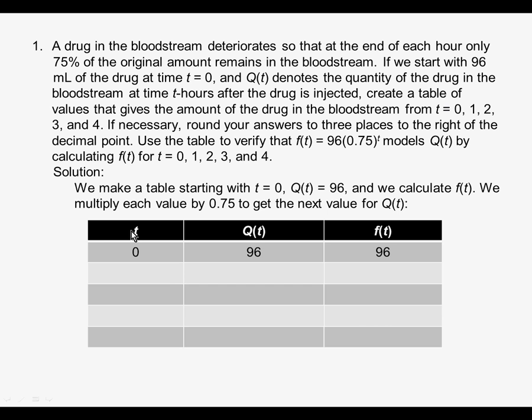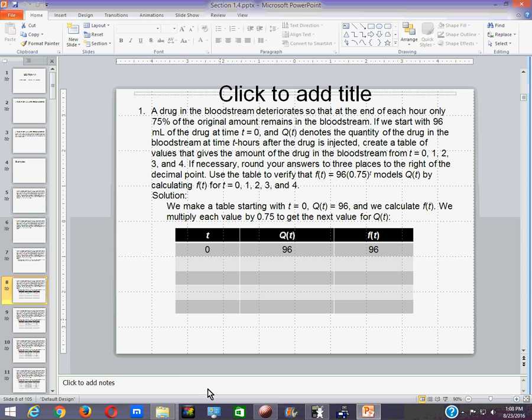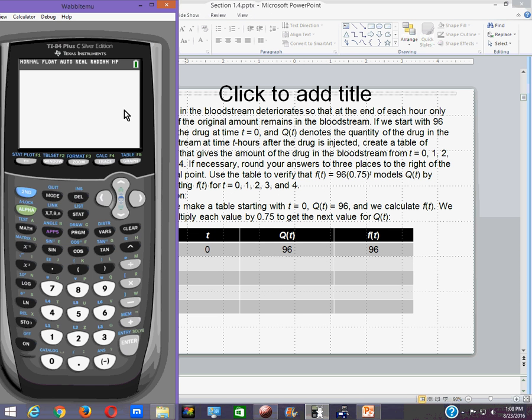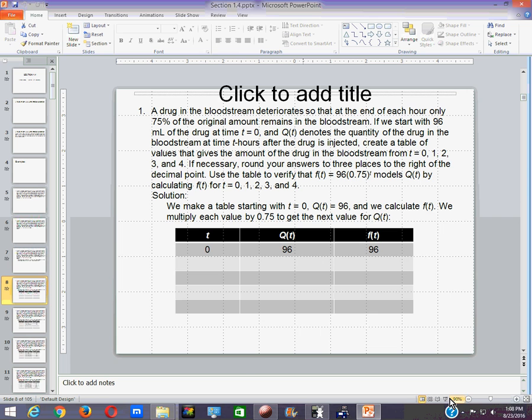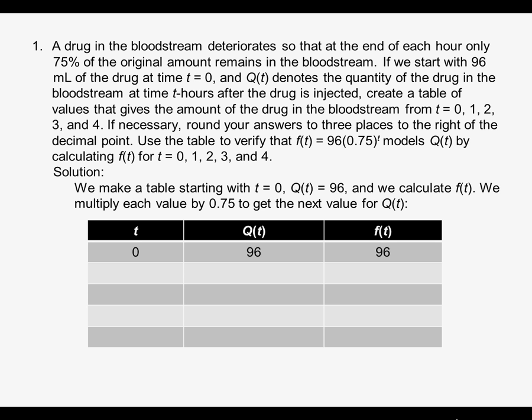So here's going to be my table, values of t, Q of t, and f of t. Just so you can see that f of 0 is also 96. We take out our calculator here. Vars, y vars, function, it's y1 of 0, and it is in fact 96. So far, they're matching.